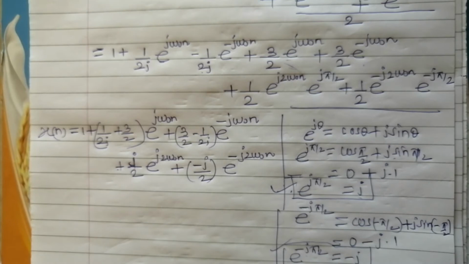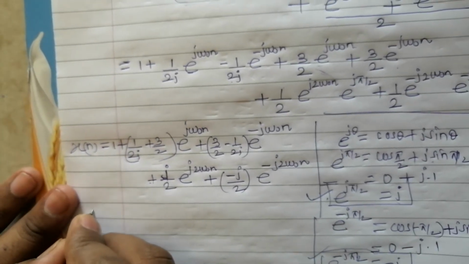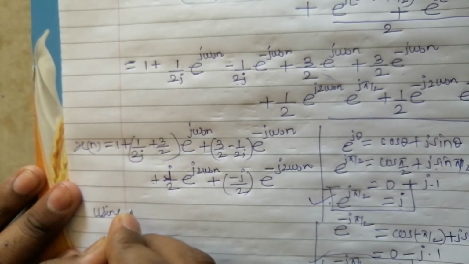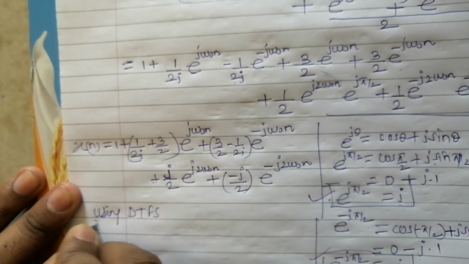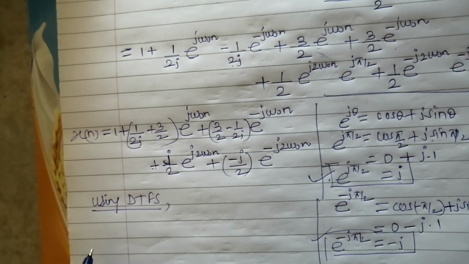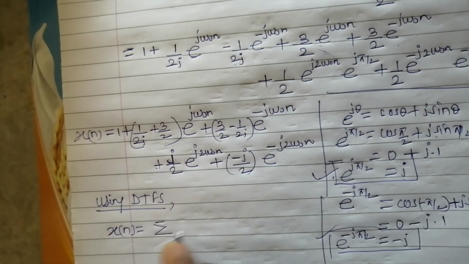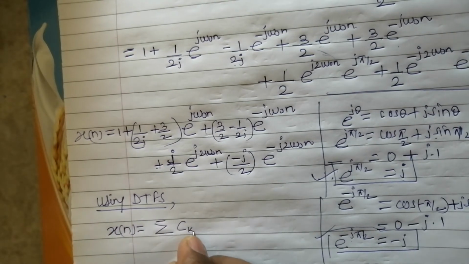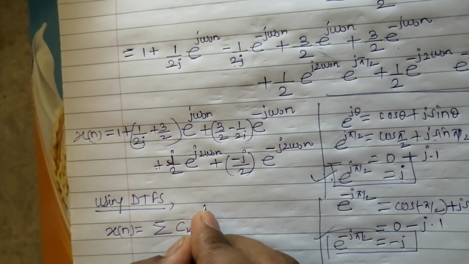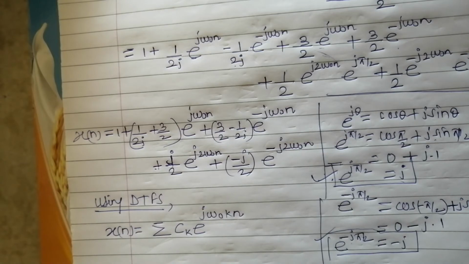Now the next step is to write the formula of discrete time Fourier series. So what is the formula of discrete time Fourier series? Using discrete time Fourier series, we can express our x of n as summation c subscript k e raised to power j omega naught k n, right?